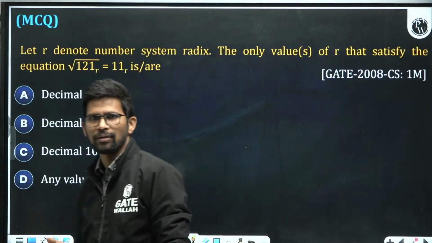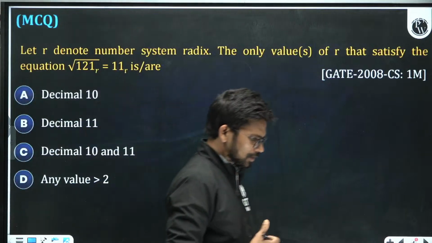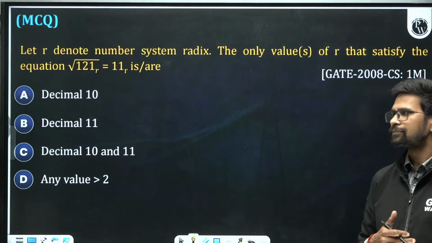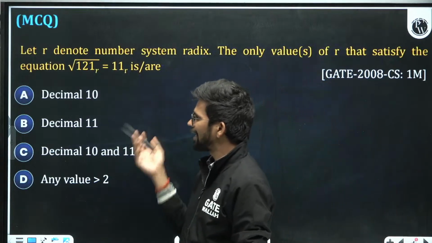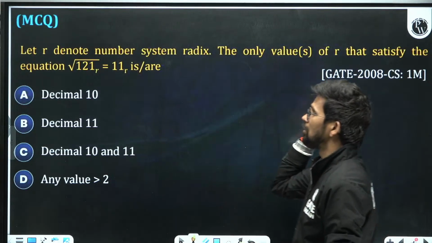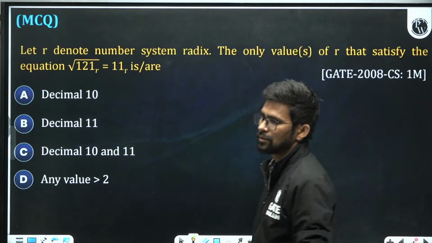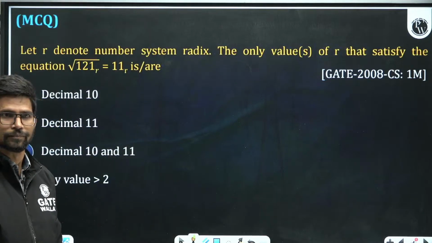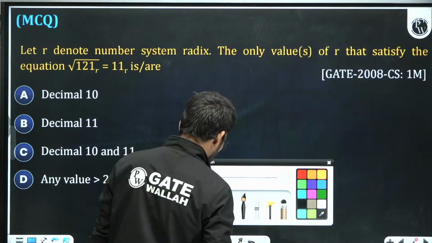So always try to solve the question in the equivalent decimal number system. This is an MCQ question, obviously only one of the options is correct. What is the answer? Okay, let me solve it.